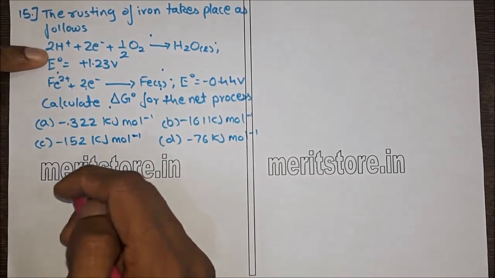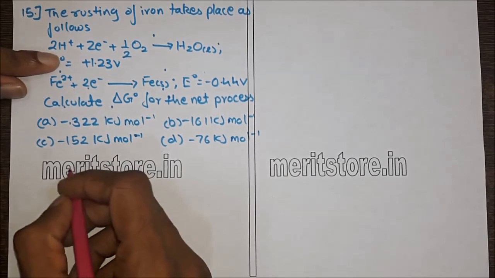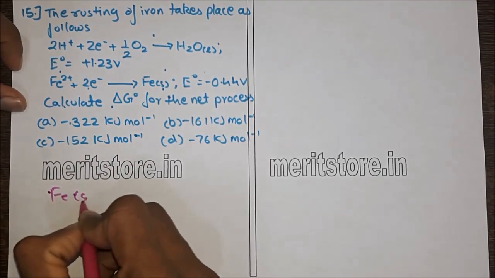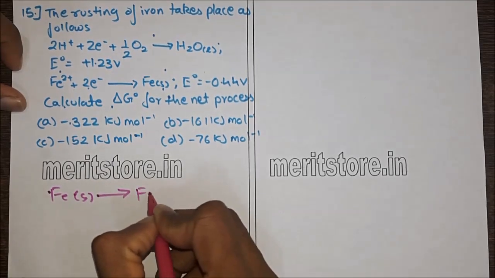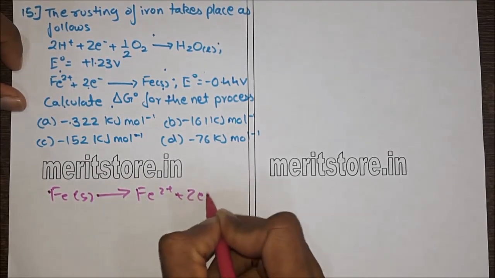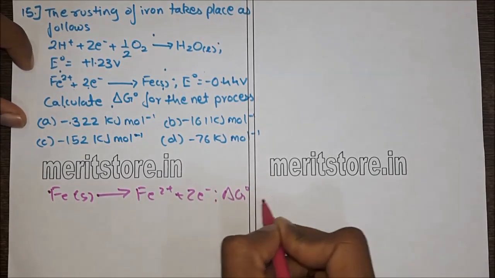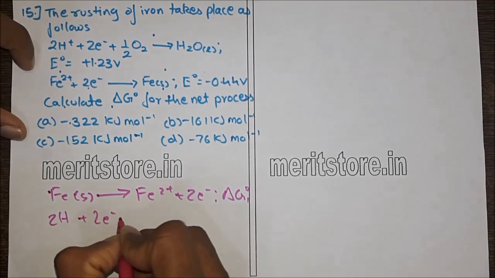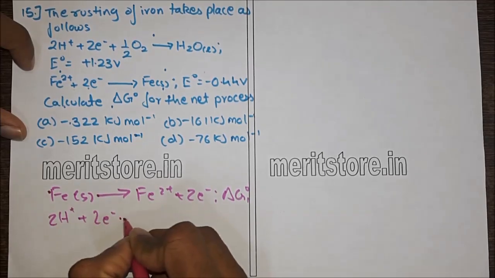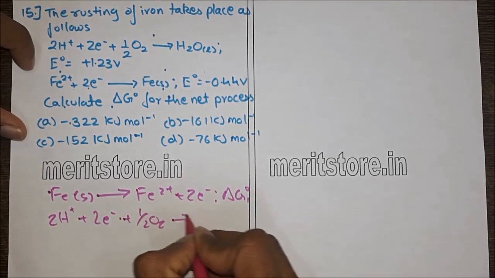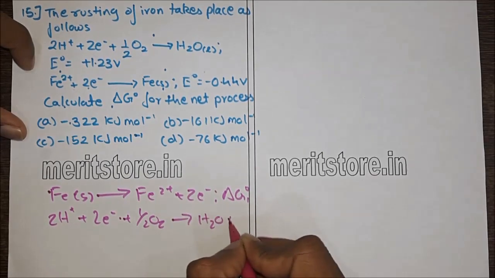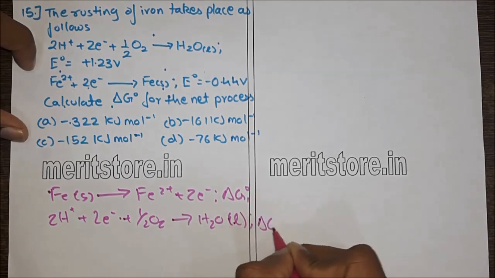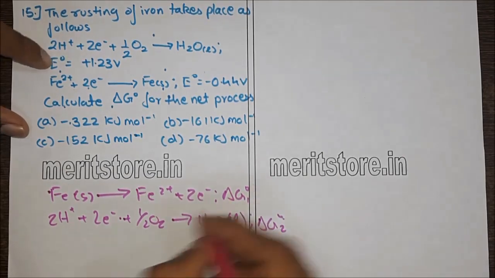We can write the net reaction; this is delta G, let this be delta G1, and for this 2H+ plus 2e minus plus half O2 gives H2O, which is in liquid form, let this be delta G2, that is Gibbs energy.